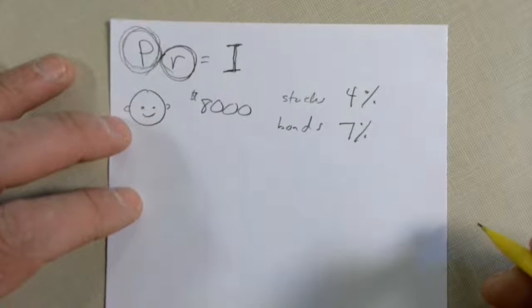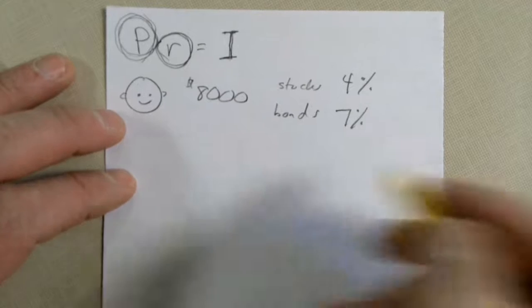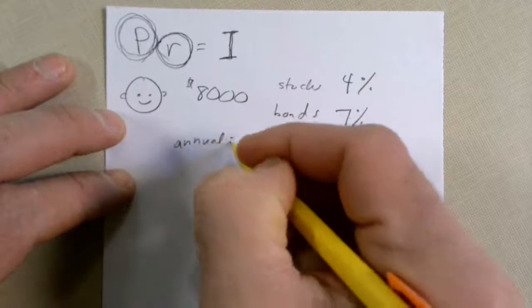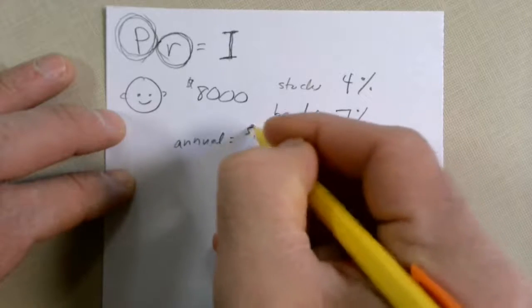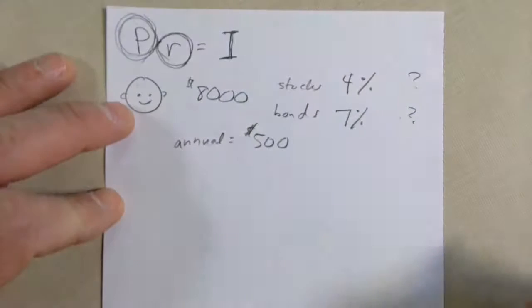Now, if his annual income from the stocks and the bonds is $500, how much is invested in bonds? So the annual income is $500. And the question is, how much in stocks and how much in bonds?